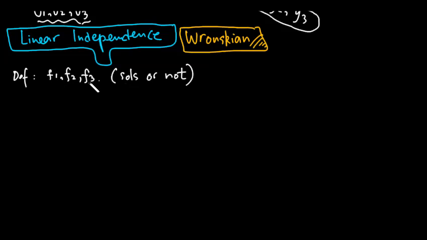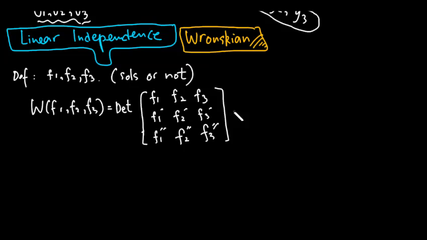For just arbitrary three functions, we can consider something called the Wronskian, which is defined and denoted like this: W of f1, f2, f3. If you have three functions, we'll consider this 3 by 3 matrix. The first row is the functions, the second row is the derivatives of the three given functions, and the third row is the second derivatives. And if you have 4 functions, we're going to consider a 4 by 4 matrix like this.